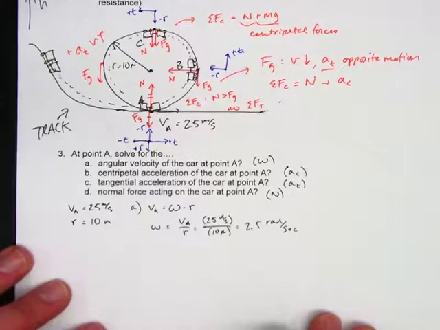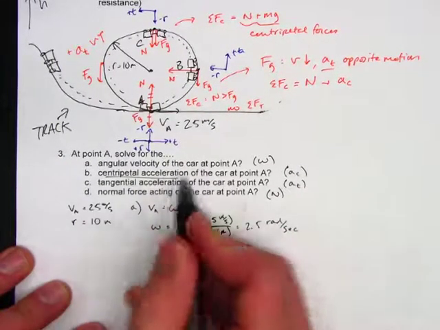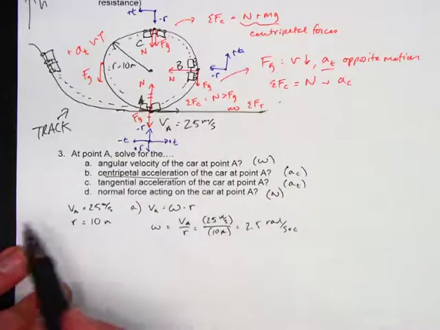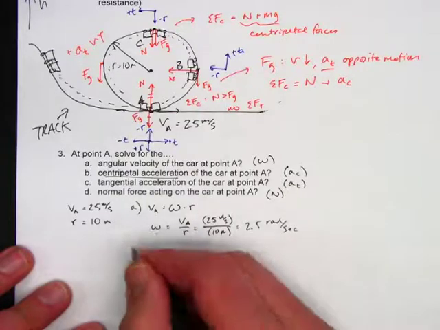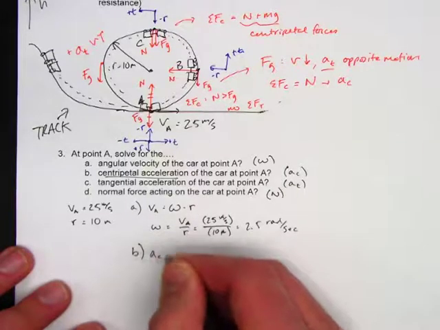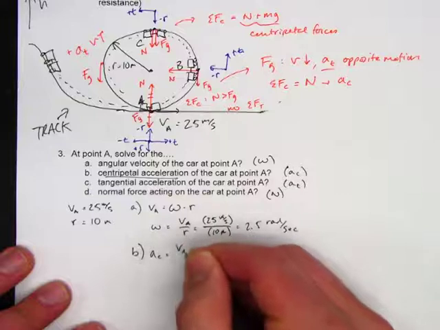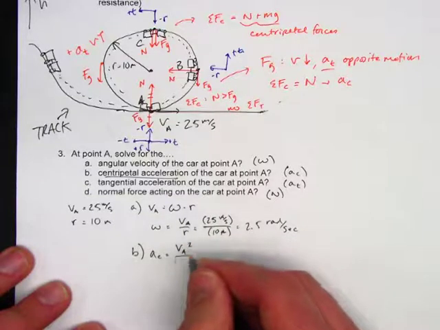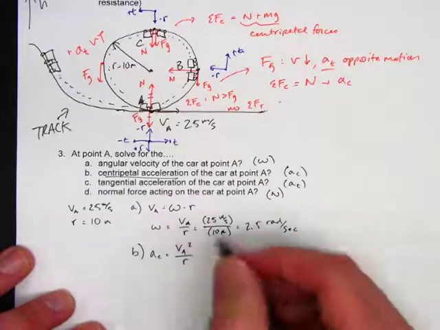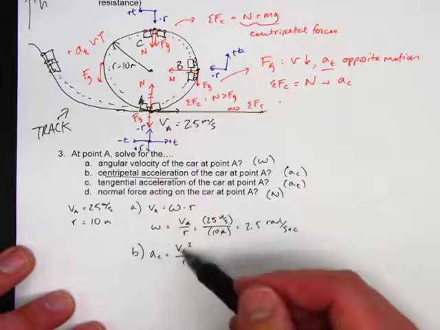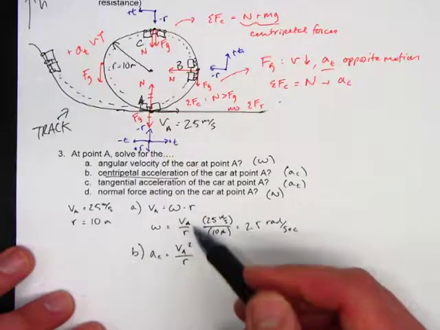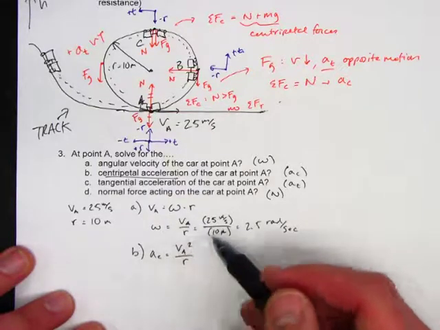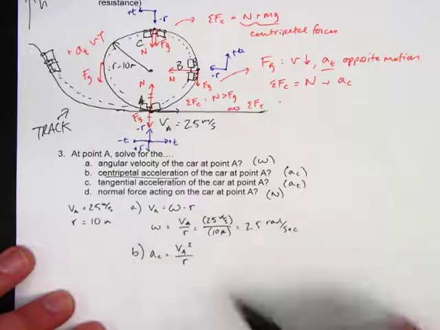All right, what about the centripetal acceleration? Now I know that it begins its upward curve, so it must have some a sub c, and that's dependent upon the linear speed at that point squared over the radius. Notice too, since this is V_A squared over R, and omega is V_A over R, if I take omega and multiply by V, I will get a sub c.